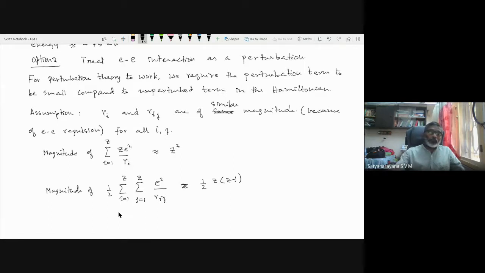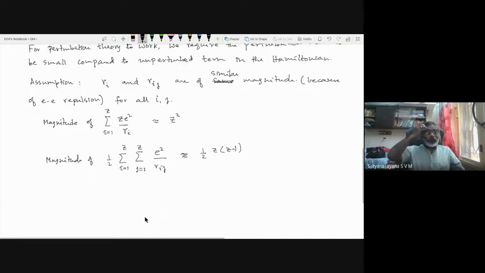Okay, this will be of the order of z into z minus 1 by 2. Now let us define some quantity which is basically the ratio of these two interactions. I call it rho, which is the ratio of the magnitudes of these two terms.